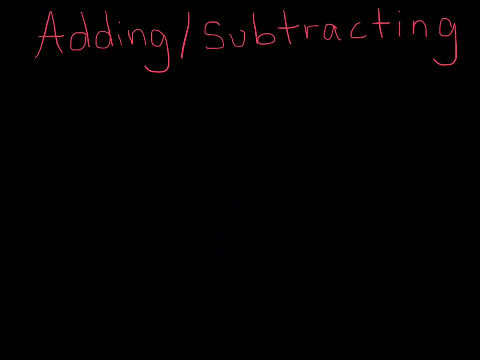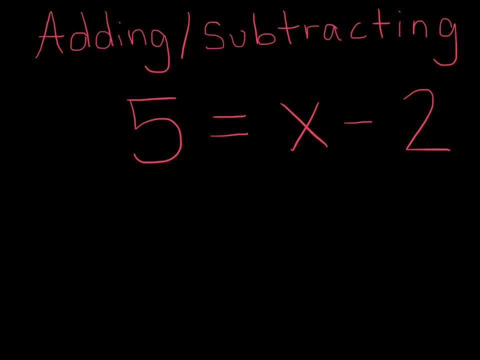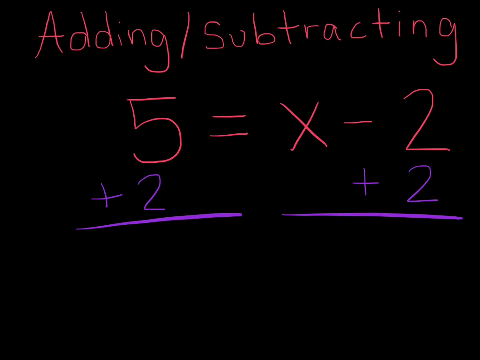Let's try an example with subtraction. 5 equals x minus 2. Here we have subtraction in our equation. We know in order to solve this, we will have to do the opposite or the inverse operation, which would be addition. So I'm going to add 2 to both sides of this equation.